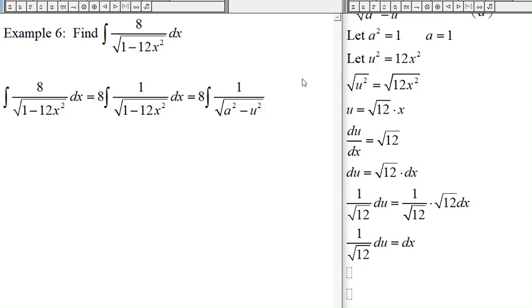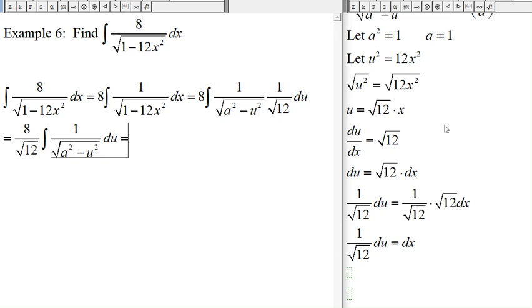And then dx is 1 over the square root of 12 du. And then we can move the 1 over the square root of 12 out in front, and that becomes 8 divided by the square root of 12. And then what's left is 1 divided by the square root of a squared minus u squared, and du.